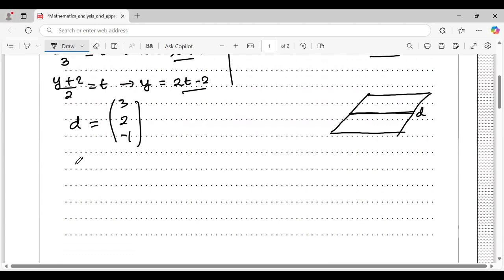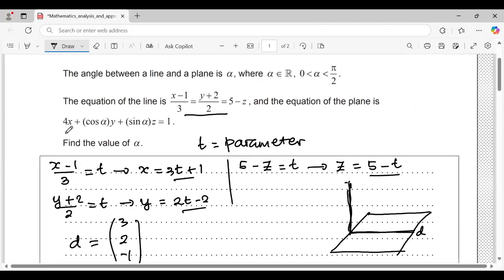Next, the normal vector is perpendicular to the vector d. Okay. And the normal vector to the plane is the vector of coefficients of x, y, z in this equation. The second equation is 4x plus cos alpha y plus sine alpha z.